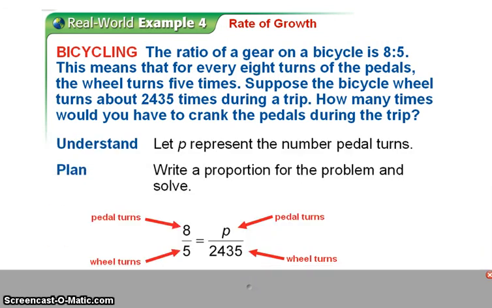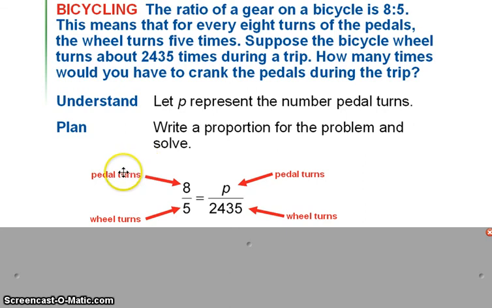Here's your equation, or your proportion. Here's your pedal turns, here's your wheel turns, and you got that from right up here. Okay. It's asking how many pedal turns do you have to do. Well, since this is pedal turns on top, pedal turns has to be on top over here. Wheel turns are on the bottom, so wheel turns have to be on the bottom over here.